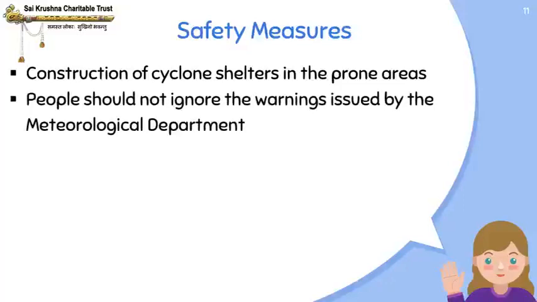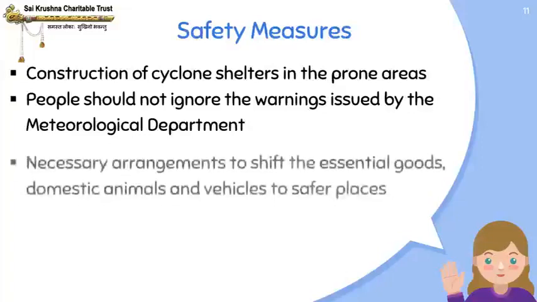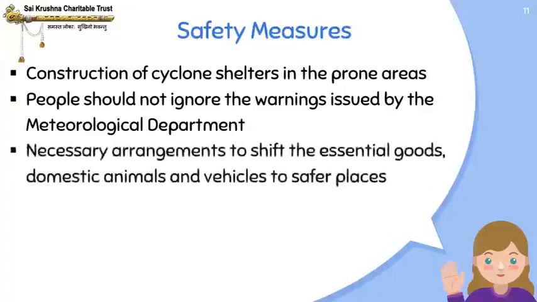Also, people should not ignore the warnings which are issued by the meteorological department through various channels like TV, radio or newspapers. Also, we should make necessary arrangements to shift the essential goods, domestic animals or vehicles to safe places. Also, we should avoid driving on roads where flooding might occur.